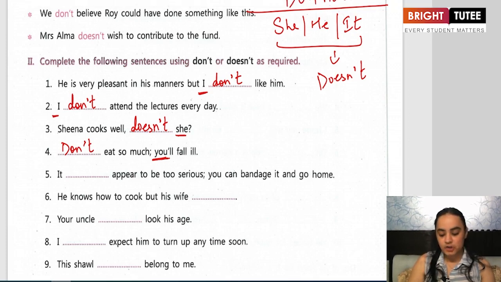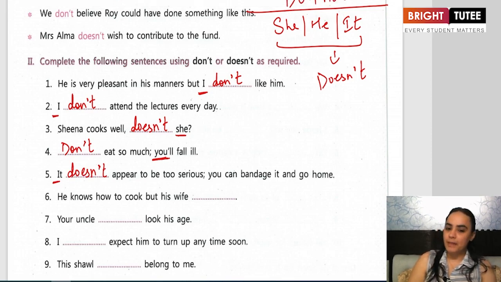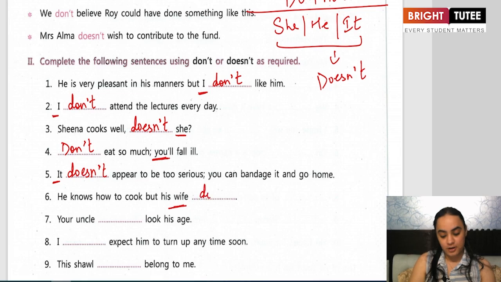It dash appear to be too serious, you can bandage it and go home. It, singular, so does not. It does not appear to be too serious, you can bandage it and go home. He knows how to cook, but his wife is singular, doesn't.